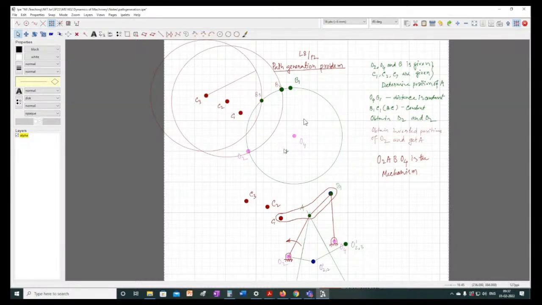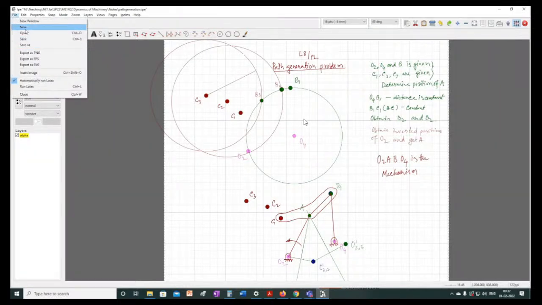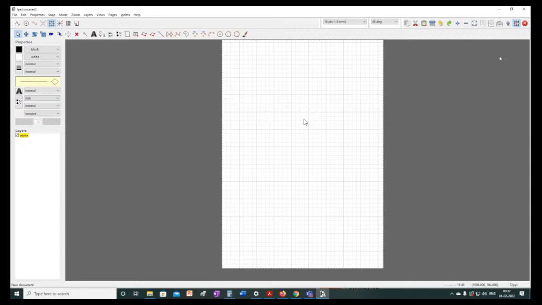In the path generation problem, one point on the coupler has to move through a path. For that we found this. In the next step, the third problem is the function generation problem. So today we will discuss that function generation problem.